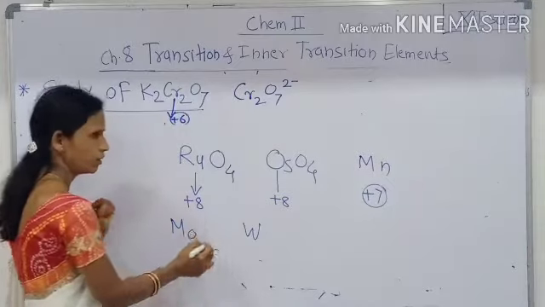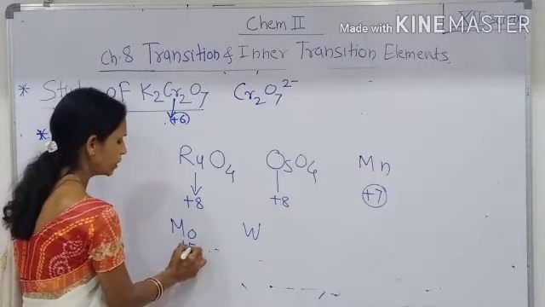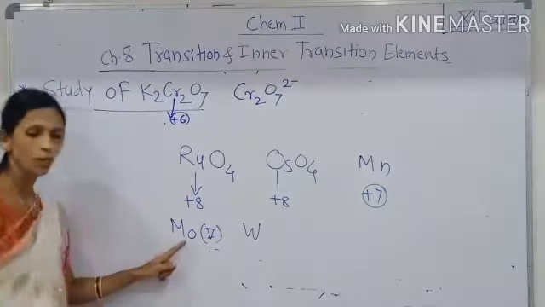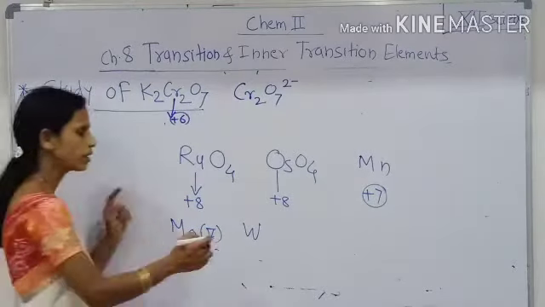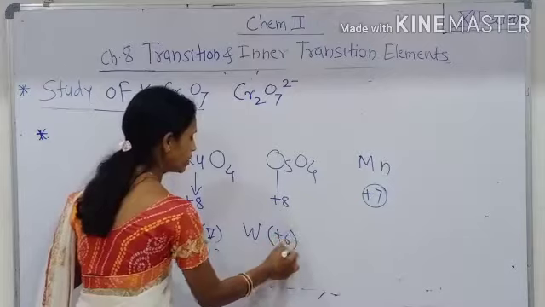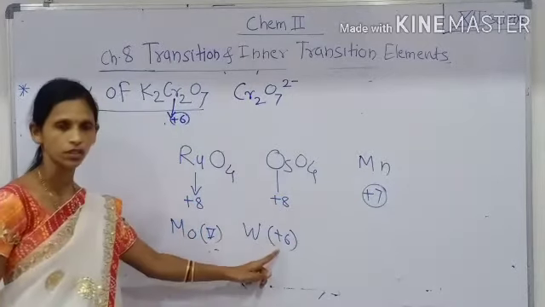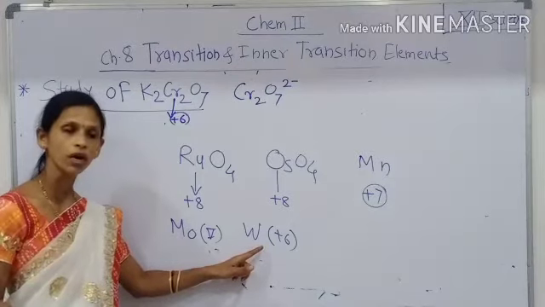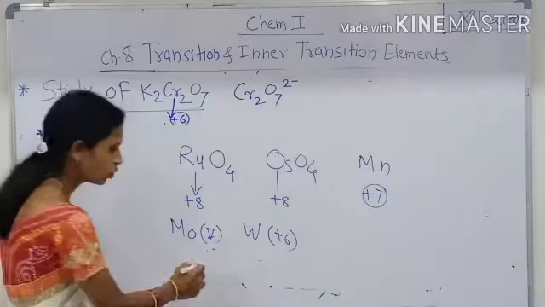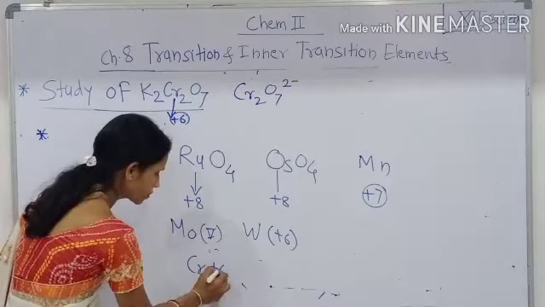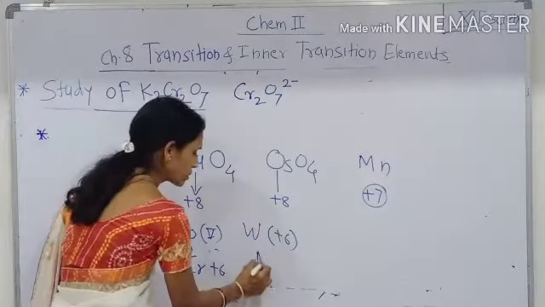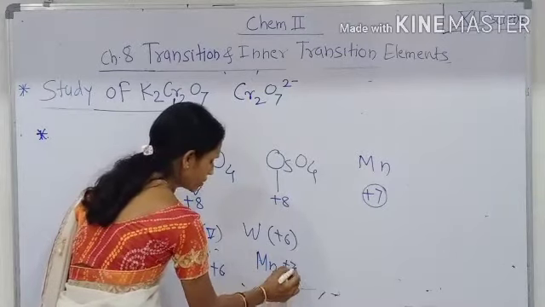Molybdenum in its +5 oxidation state and tungsten in +6 oxidation state form the most stable compounds, compared to chromium in +6 oxidation state and similarly manganese in +7 oxidation state.